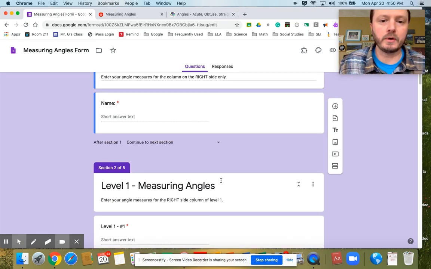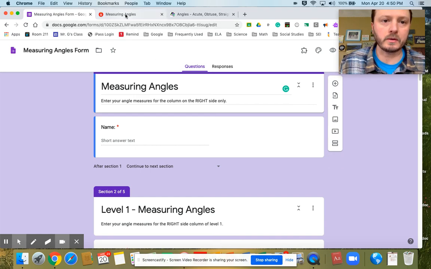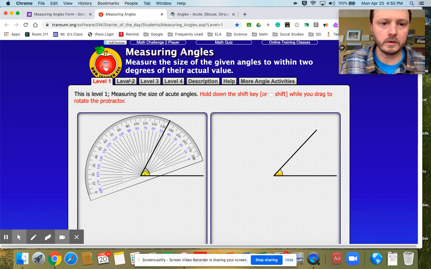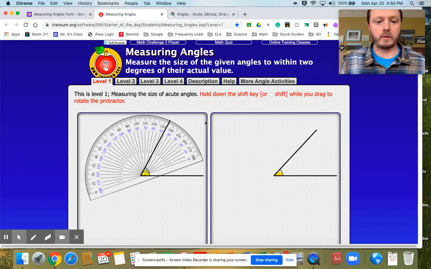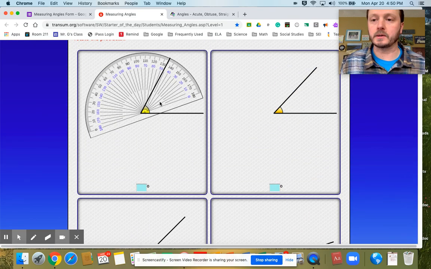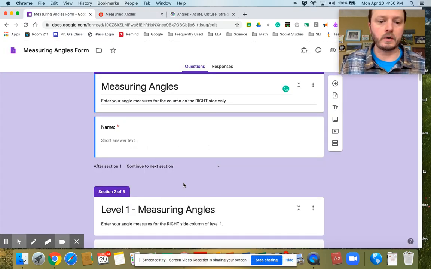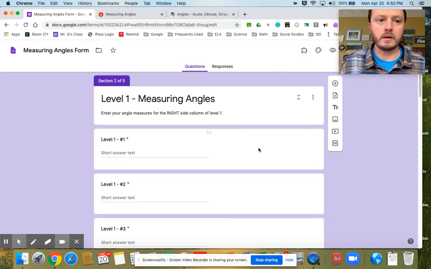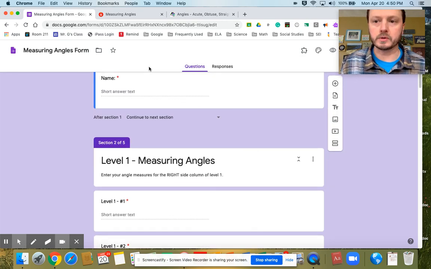We have 4 different levels of angles, level 1, 2, 3, and 4, that we're going to be working on. And you're going to be working on just the right side of this page. You can do the left side for practice too, and you can check the answers that way. But you must submit your work for the right side in this measuring angles form, which is a part of the assignment on Google Classroom.